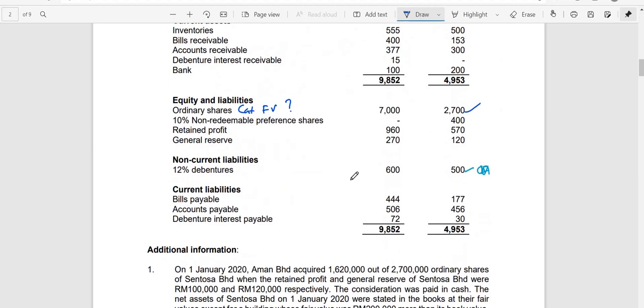So if you look here, what you acquired to get the control on the date of acquisition, which is 1st of January 2020, it actually gives you control because 1.62 divided by 2.7 million gives you 60%, the holding percentage. So the NCI would be 40%. Right, that was for the acquisition of ordinary shares.